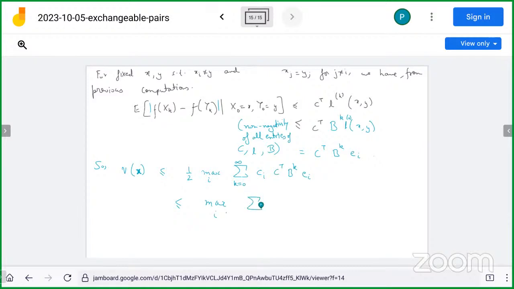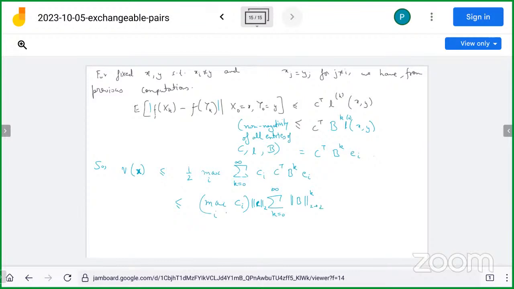If I do it this way, then it will be max C_i times the sum for k going from 0 to infinity of the 2 norm of C times the 2 norm of P to the K.